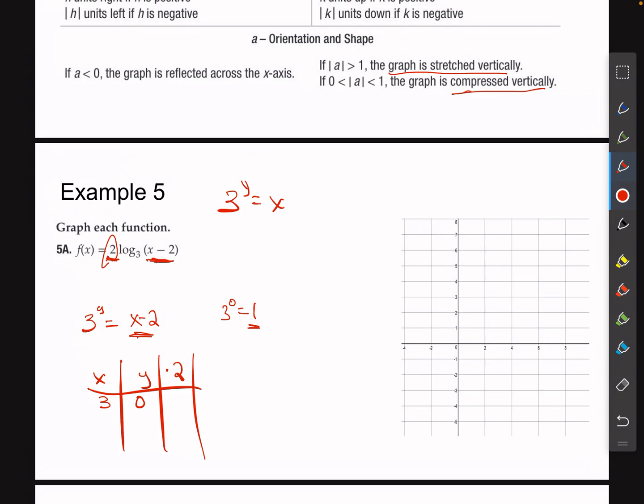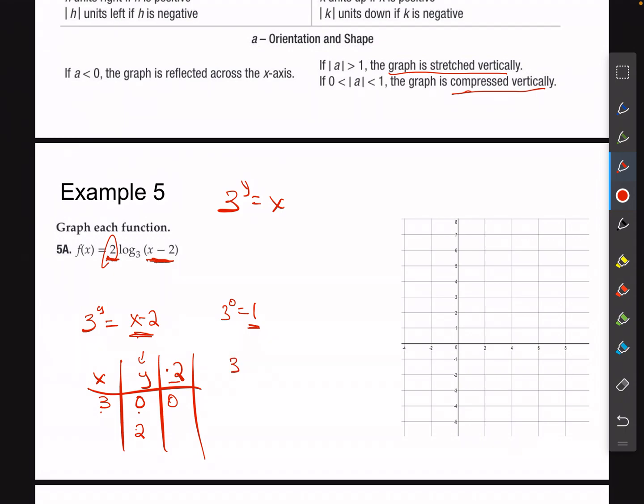And then if I multiply this y value by 2, right? Because if I put a 3 in, I get a 0 out. Multiply that by 2, I get 0. Okay, so let's try something else here. What happens if I plug a 2 in for y?